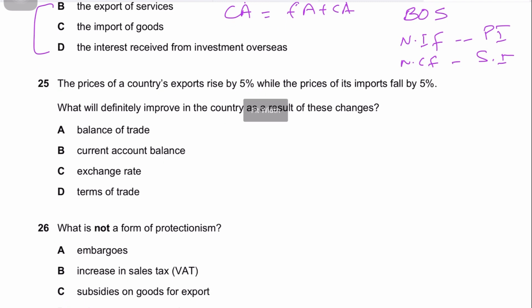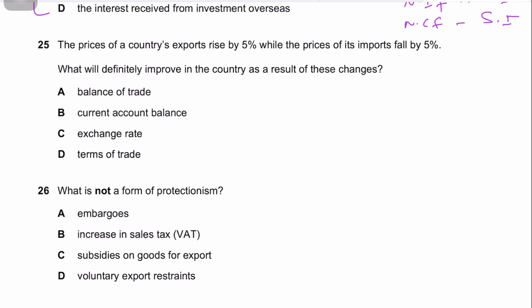Question 25 states the price of a country's exports rise by 5% while the price of its imports fall by 5%. So the price of exports are going up while the price of imports are going down.